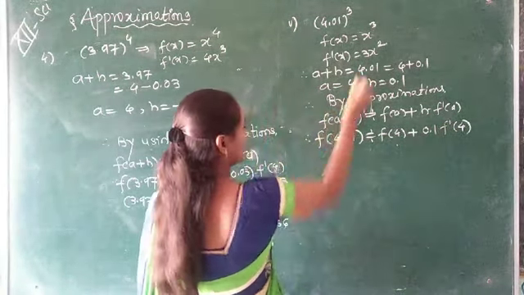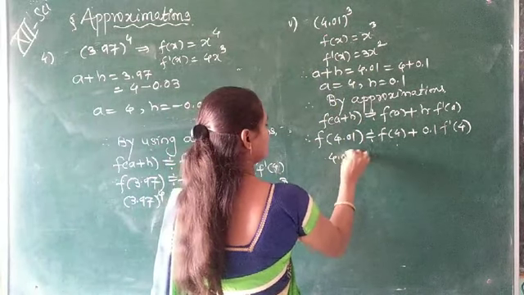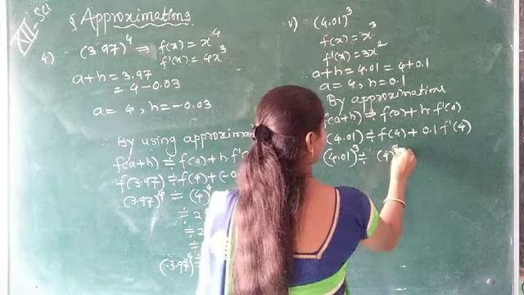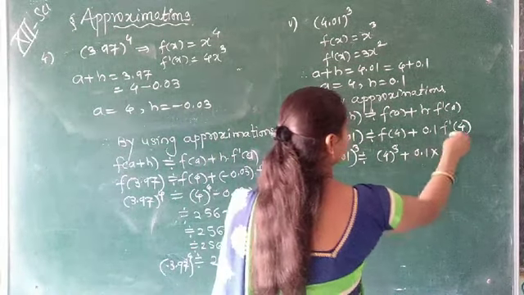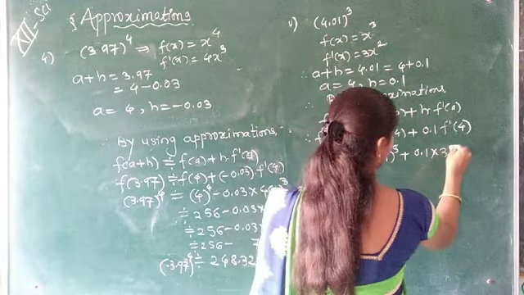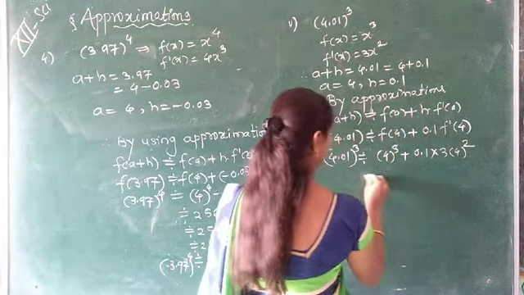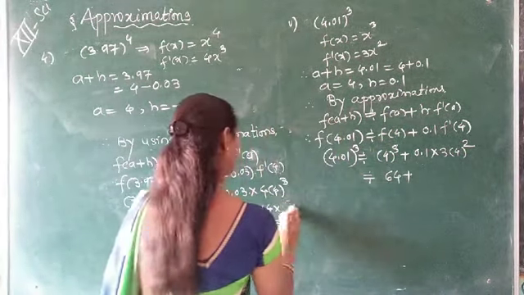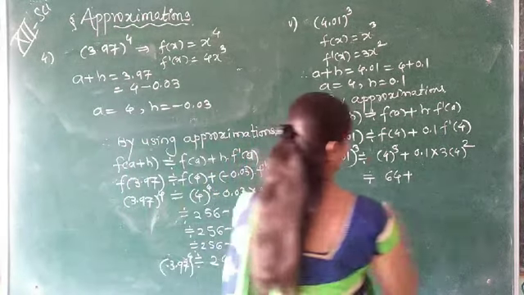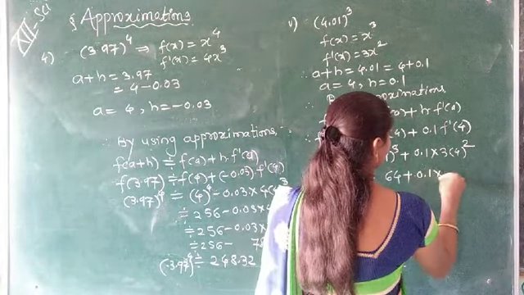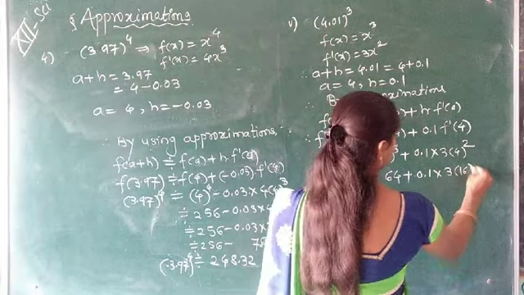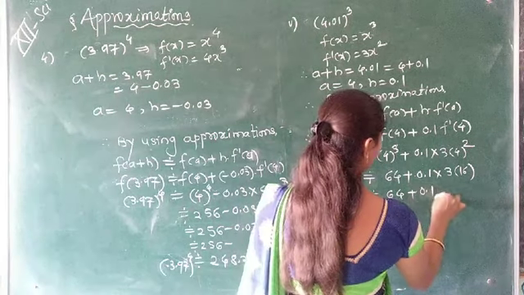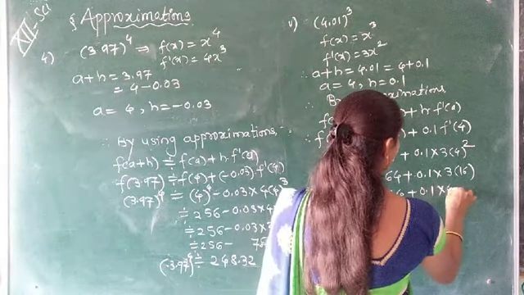F of x is defined as x cube, since 4.01 cube is approximately equal to f of 4, means 4 cube plus 0.01 into f dash of 4, which is 3x square. That means 3 into 4 square. 4 cube is 64 plus 0.01 into 3 into 4 square, which is 48. So 64 plus 0.01 into 48, that is 0.48.